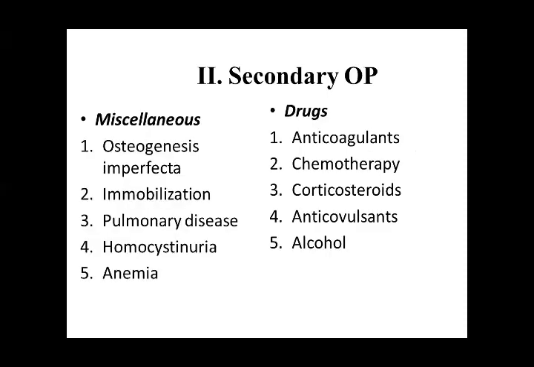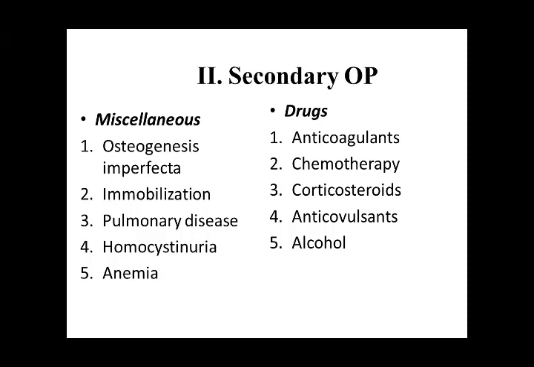Miscellaneous causes include osteogenesis imperfecta and immobilization, which means hospitalized patients who are unable to walk. CVA patients who are immobilized have to have some physiotherapy, otherwise bone dissolution and bone resorption cause osteoporosis. Others are pulmonary diseases, homocystinuria, anemia, and drugs.